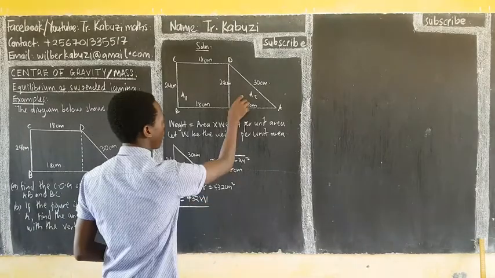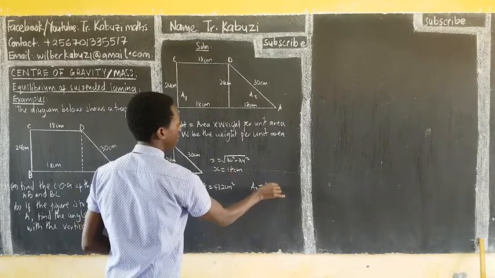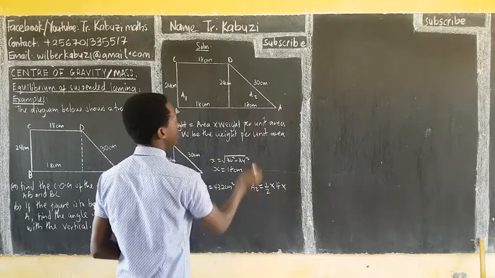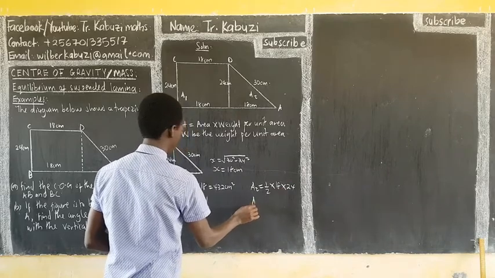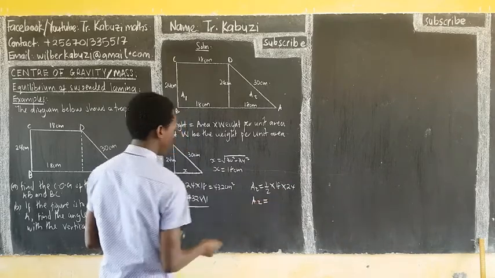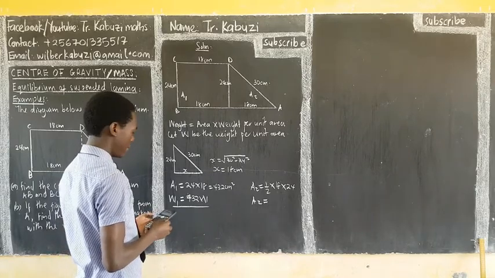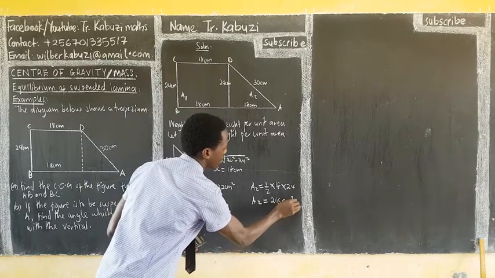Then to get the area of the second, A2, it's going to be a half times the base, which we've got as 18, times the height, which is 24. So my A2 is 24 times 9, which is 216 centimeters squared.